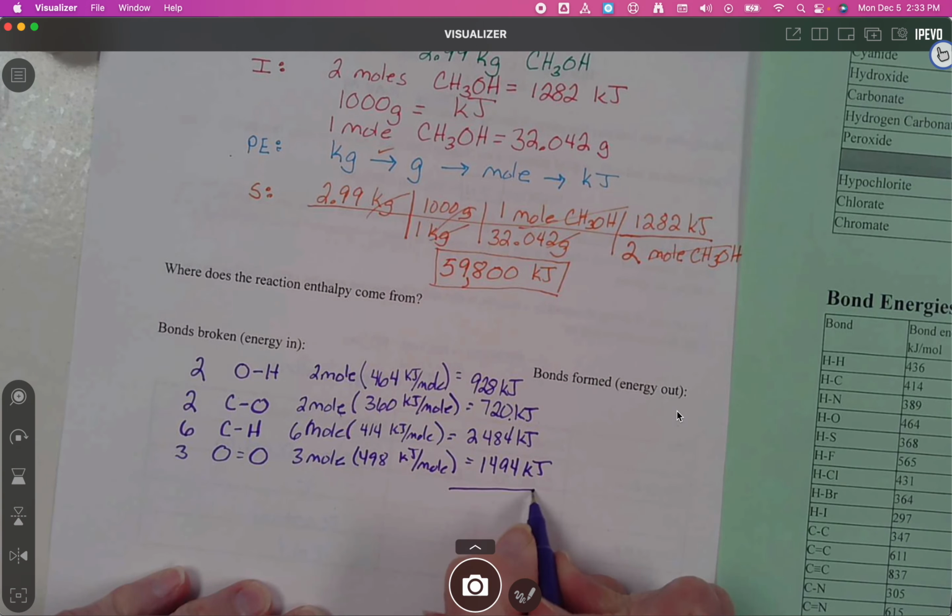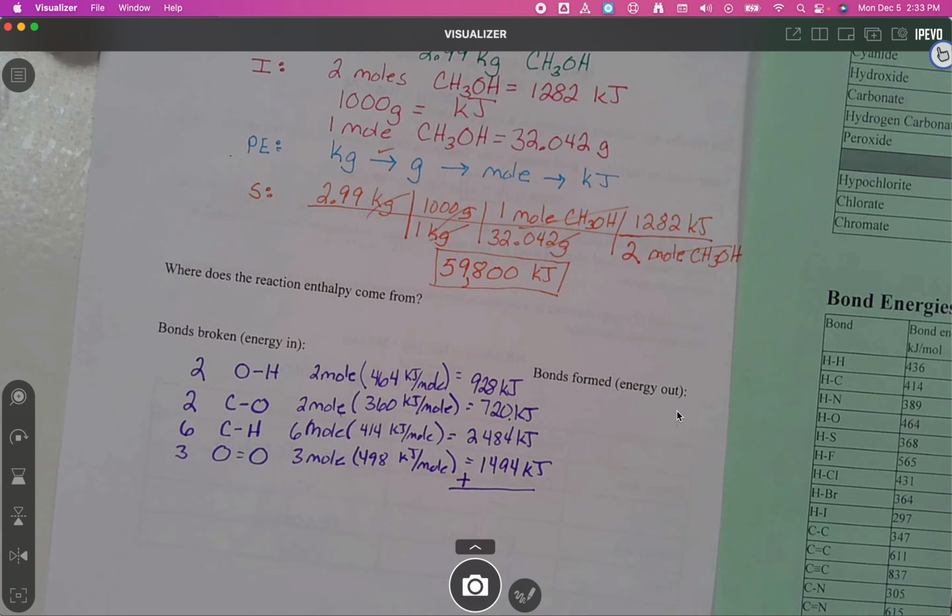So altogether, the energy we invested in destroying all of those bonds is going to be the sum total of the amount of energy it took to do each step of the process.